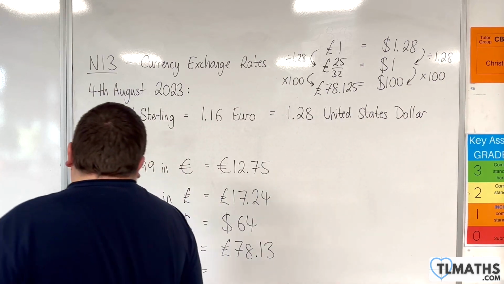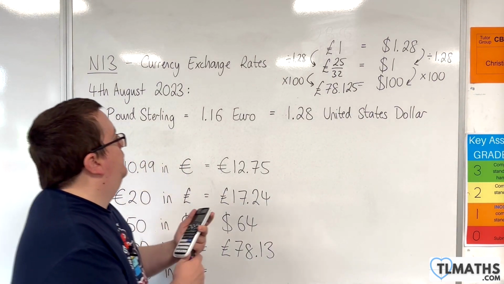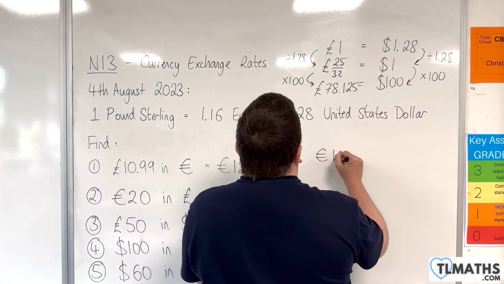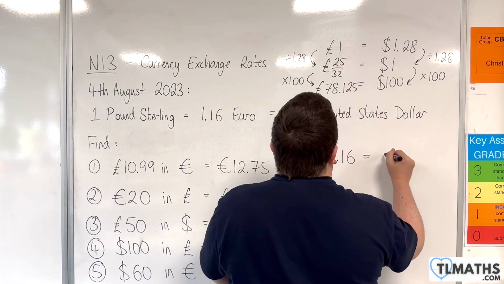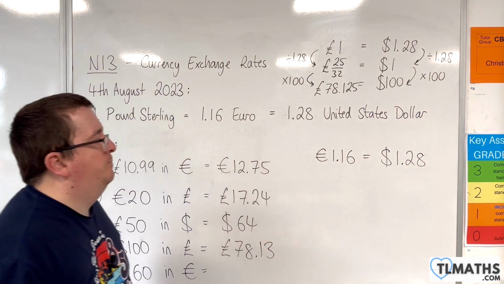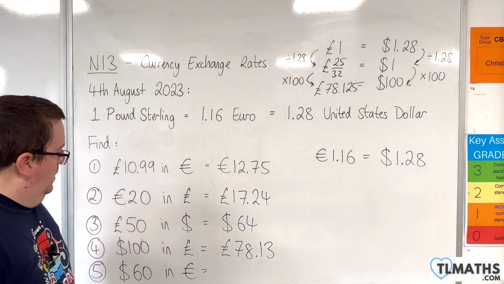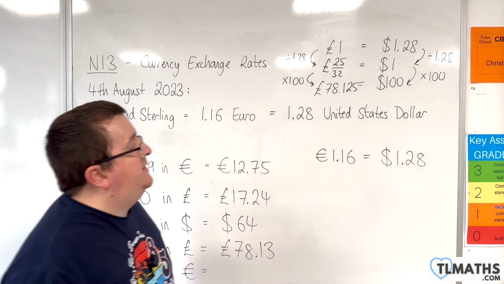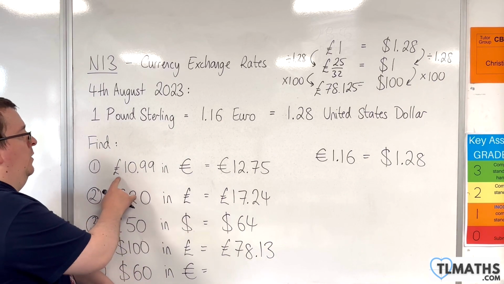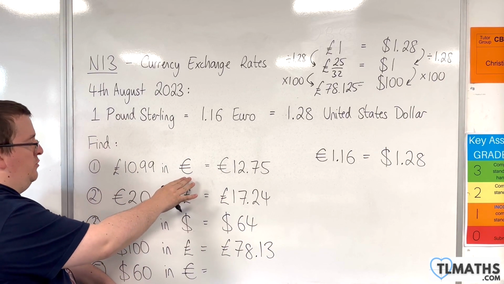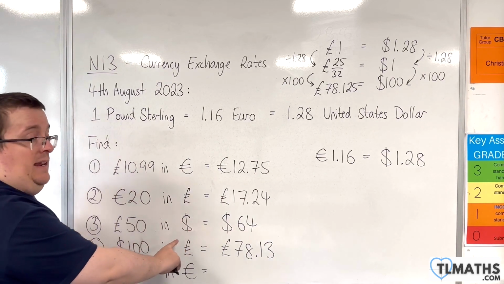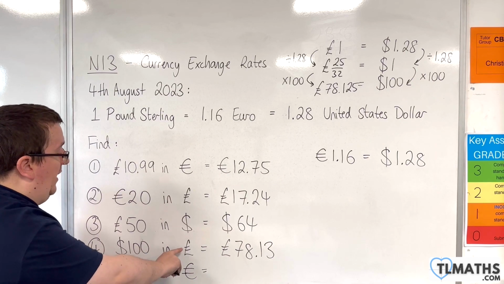The last one is $60 in euros. So we have a conversion of 1.16 euros is $1.28. Now, my tactic has been to get: £1 is equal to how many euros, €1 is equal to how many pounds, £1 is how many dollars, $1 is how many pounds.